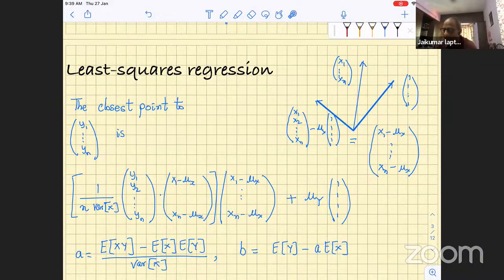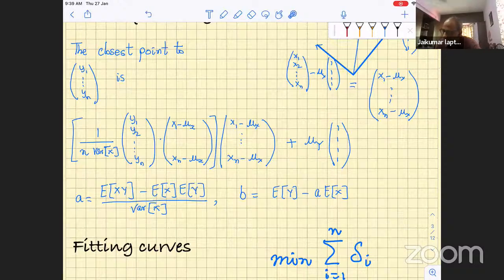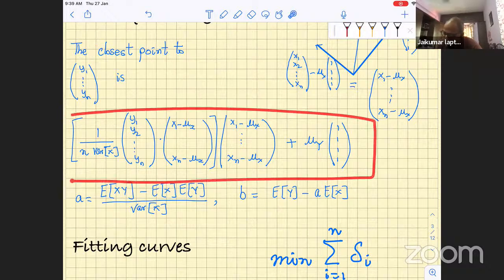And that will be the point that gives you the best least squares answer. And if you work it out, then the coefficient of x and the constant term you can read out of this expression. And it turns out that these are the numbers.